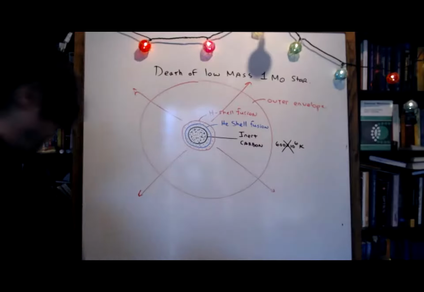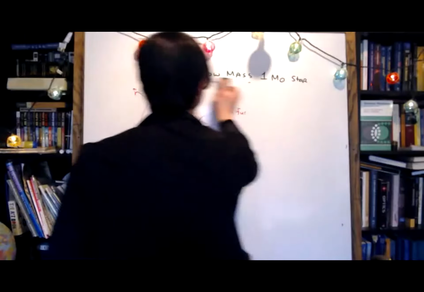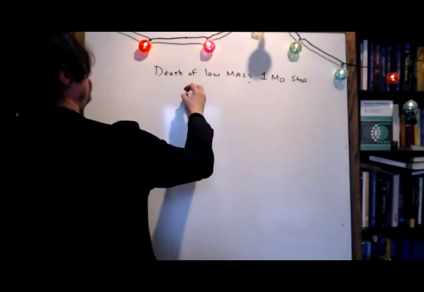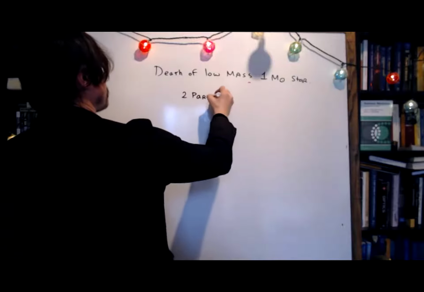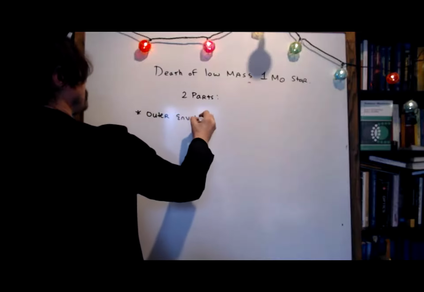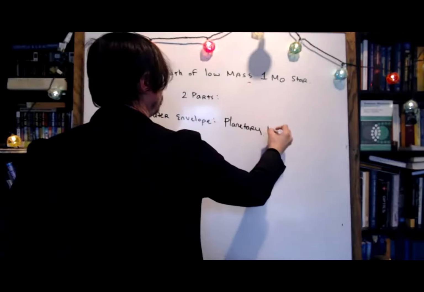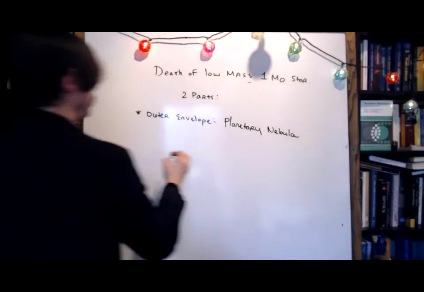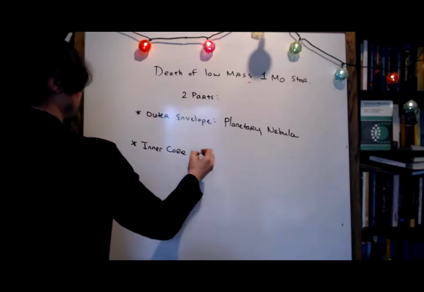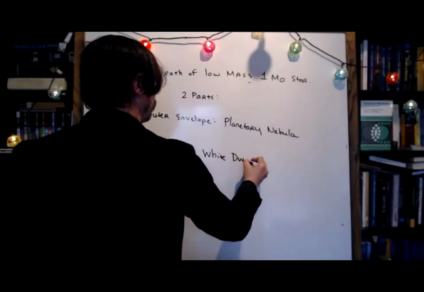I'm going to erase this picture here. The end result is two parts. The outer envelope of the star becomes the planetary nebula, while the inner core of the star becomes a white dwarf.